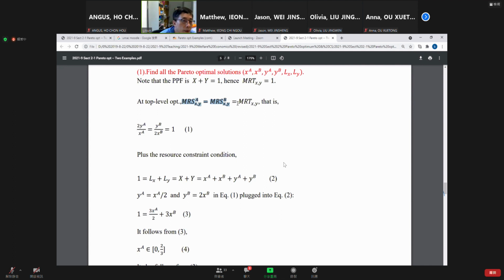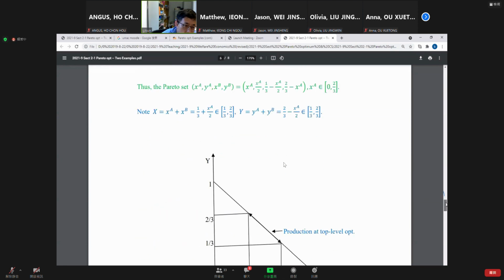So therefore, production optimal alone is not enough. We must bring together the production optimal and the exchange optimal. That's why we have such a result.